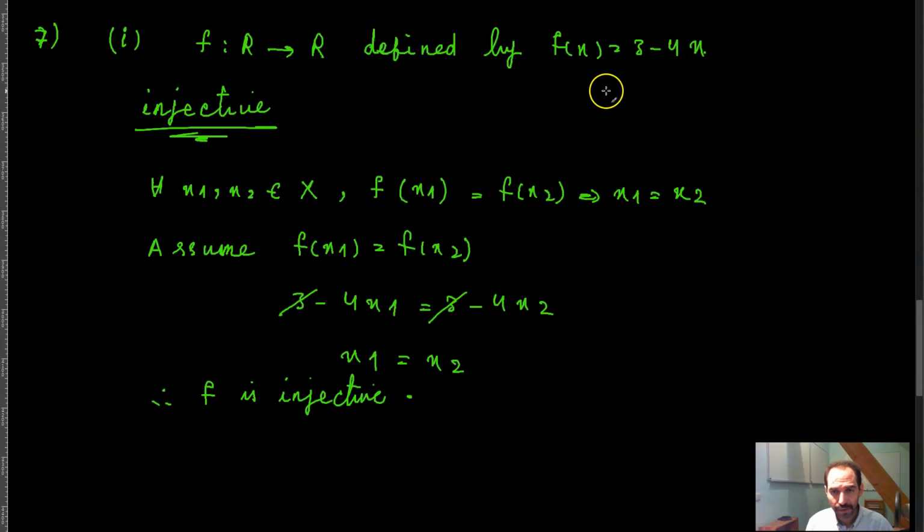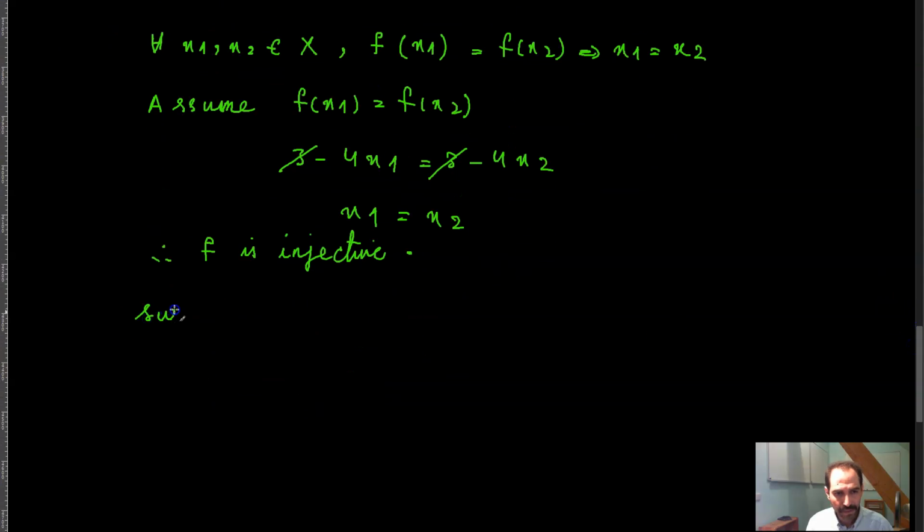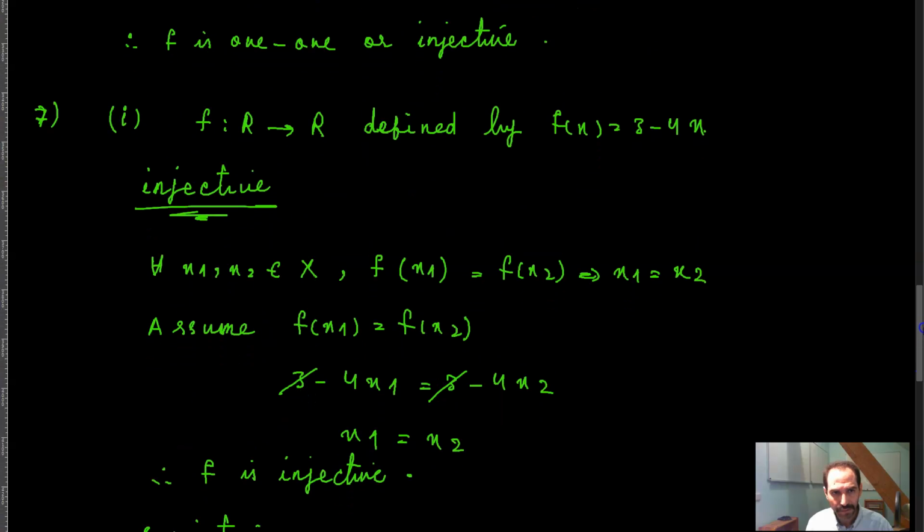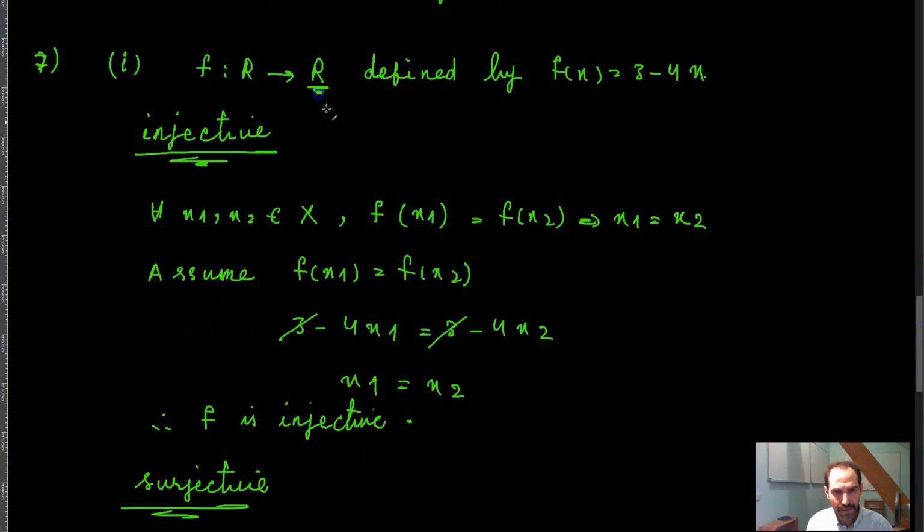Now if you want to show whether f is surjective, you can see that the codomain of the function is the set of real numbers. You need to show that there is no member of the set of real numbers that has not been mapped, that is not an image of some element in the domain of the function.